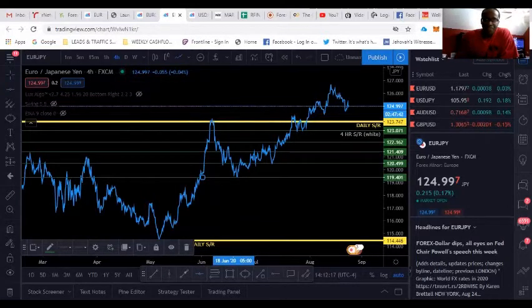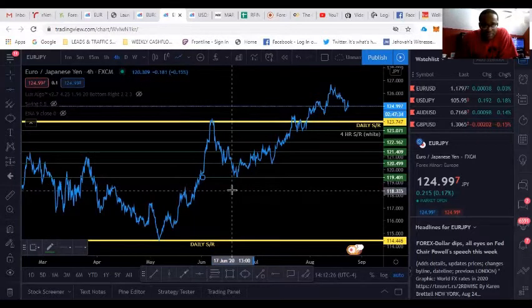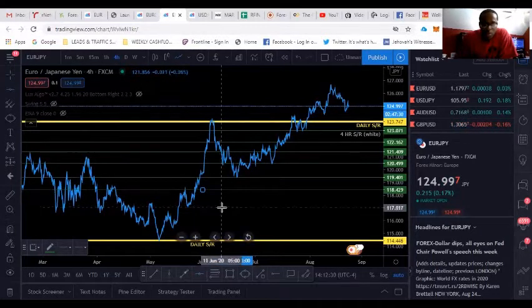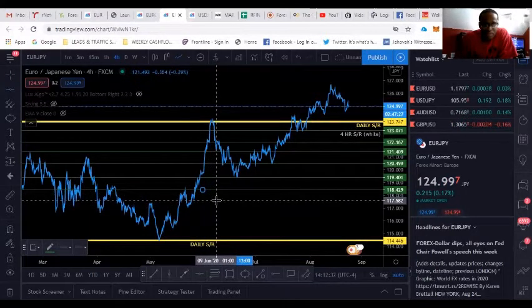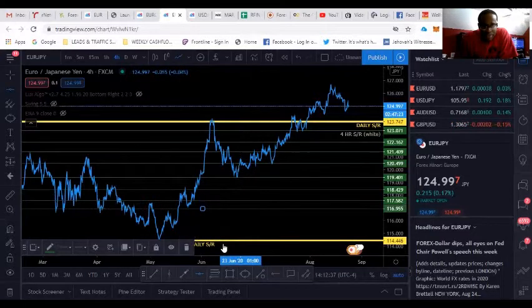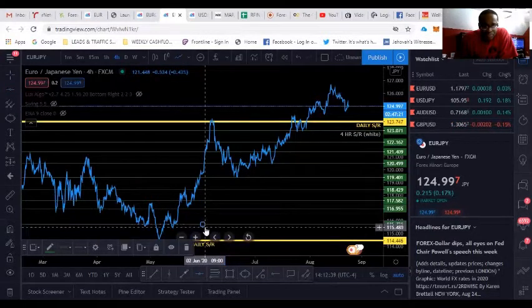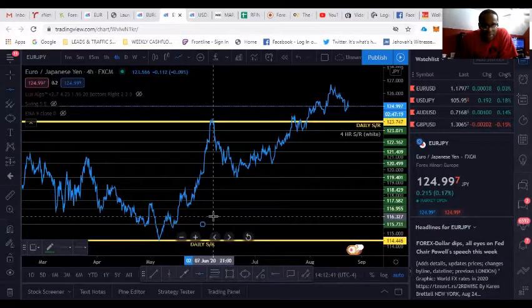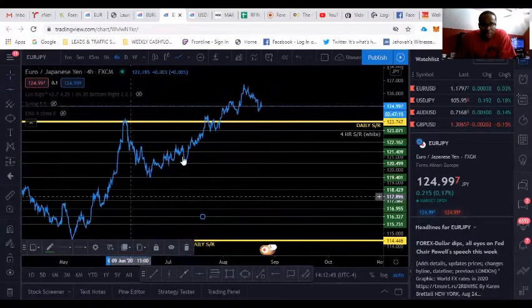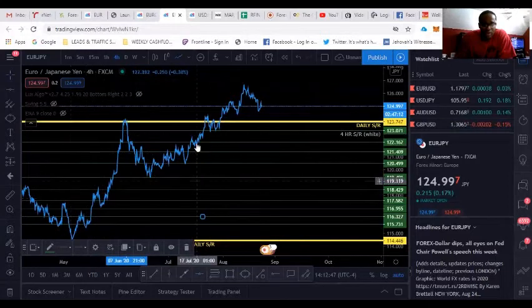I'm just going to line it up where support and resistance is respected. I might put some here too. So now we've done that. So now we know exactly what price did all the way up until this point.